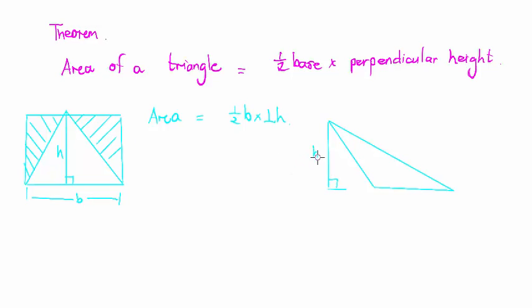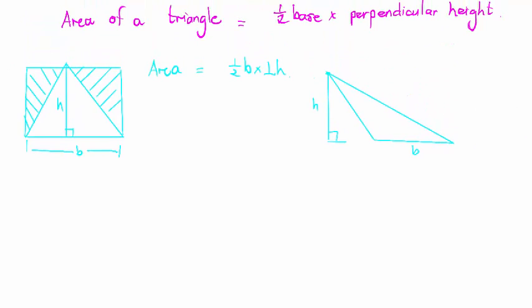This is still my height and that is still my base. It's just my height is not over it, it's like a crane. Instead of a thing hanging from a roof, it's like a crane hanging off. The height from the floor is still the same. Does that make sense? Same thing. This one's area would be half the base times perpendicular height.